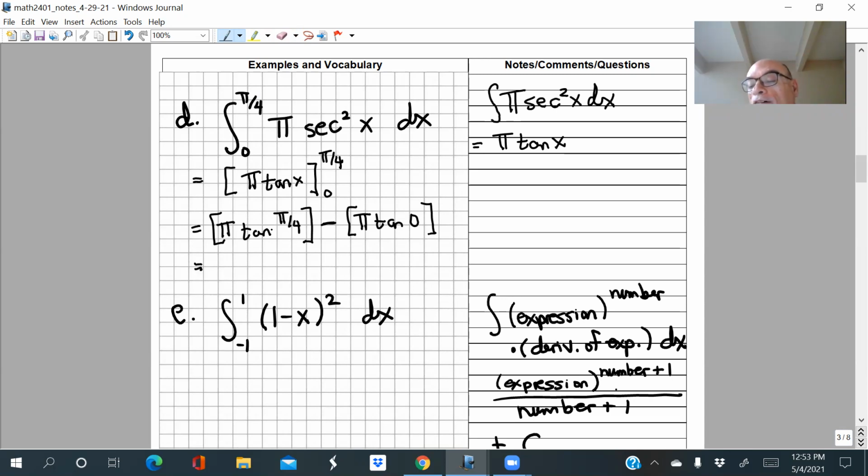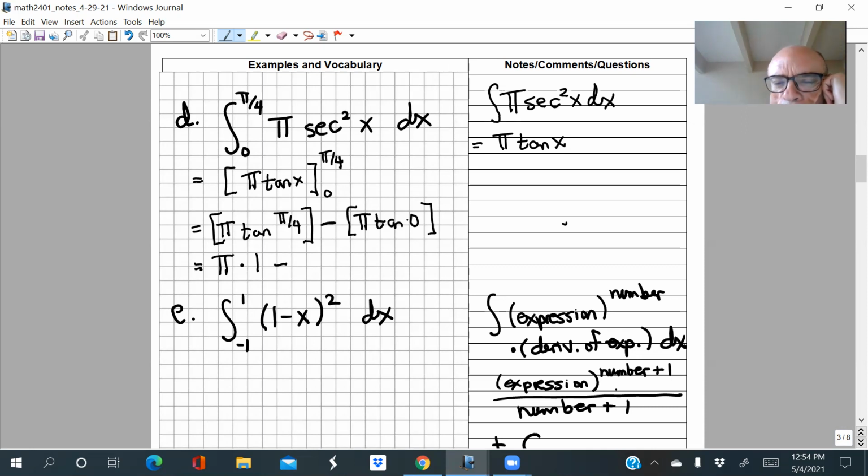But I think they are. What is the tangent of pi over 4? Do you know the tangent of pi over 4? Remember, it's 1. Yeah, great. Because tangent is sine over cosine, and sine of pi over 4 and cosine of pi over 4 are both the same, the square root of 2 over 2. Since the sine and cosine are both the same at pi over 4, the tangent will be 1. So in this first set of brackets, you just get pi times 1 minus, and then we have to remember tangent of 0.